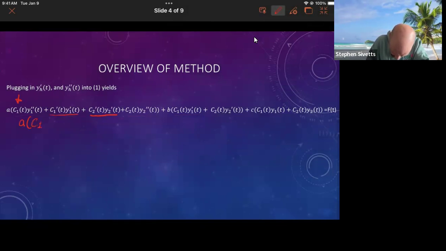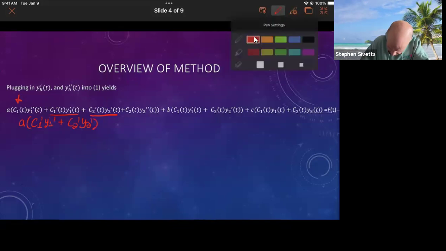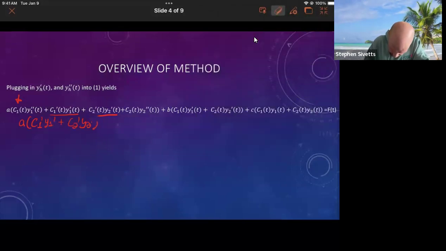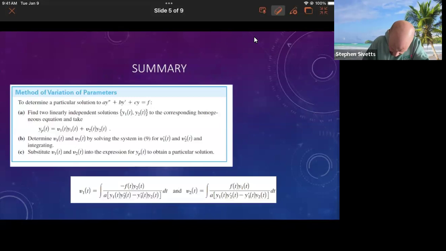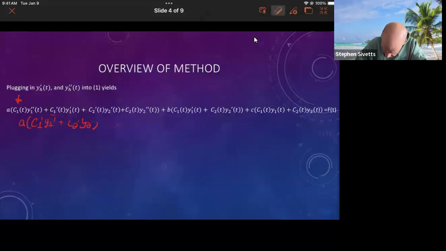So I'll have c1 prime y1 prime plus c2 prime y2 prime, okay, as itself. And even though this looks daunting, a lot of magical stuff will happen in this equation, right? So c2 prime times y2 prime, okay.